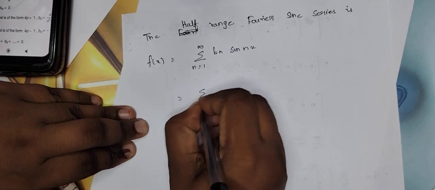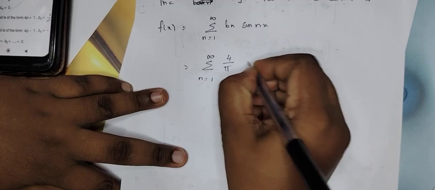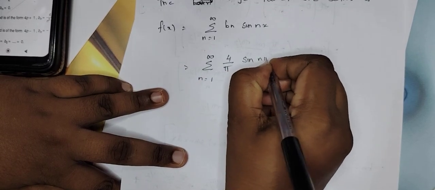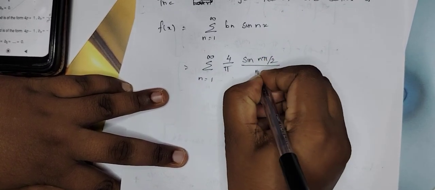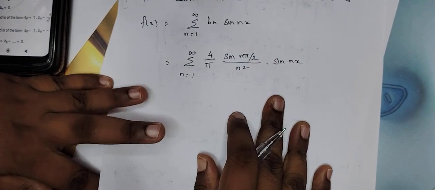So this is equal to Σ n=1 to ∞, the value of bn we just found, 4/π sin(nπ/2) divided by n², into sin(nx).